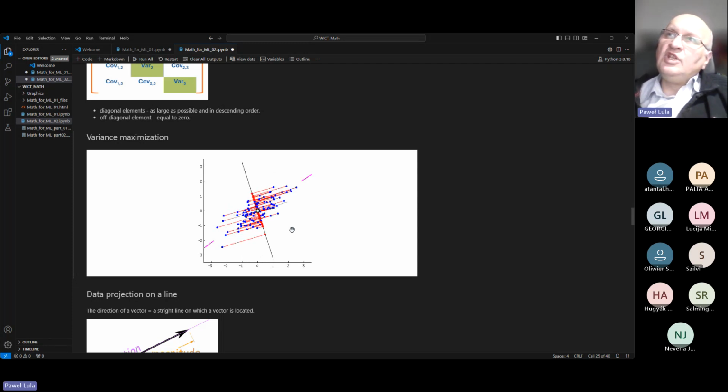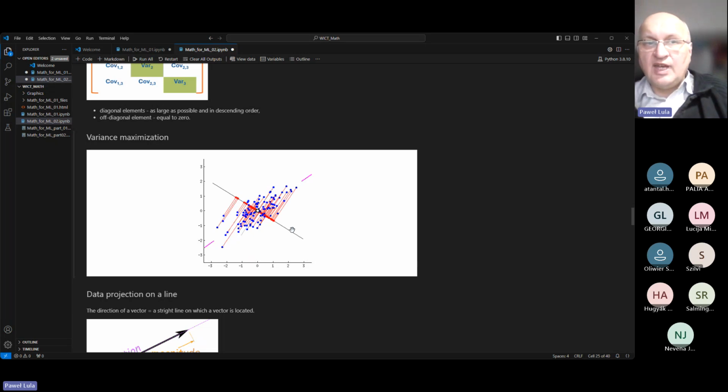And we should analyze the position of these projections. We should find such position for this axis in which variance calculated for these projections is the biggest, because we want to maximize the amount of information which is represented by this axis.